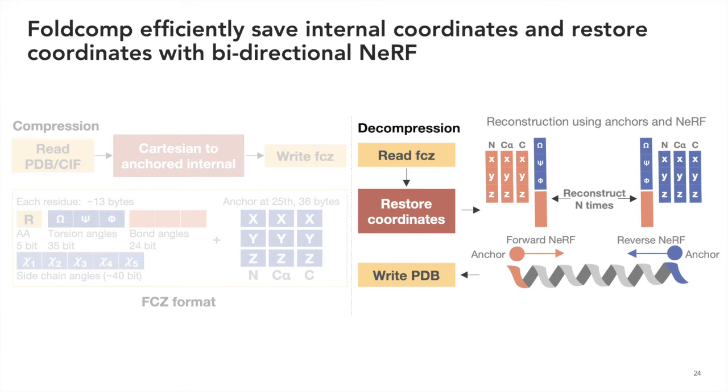For the decompression, Foldcomp reads the FCZ file, gets the discretized angles from it, and restores the original 3D coordinates with bidirectional NeRF and the weighted average, and it writes PDB files from the reconstructed coordinates.